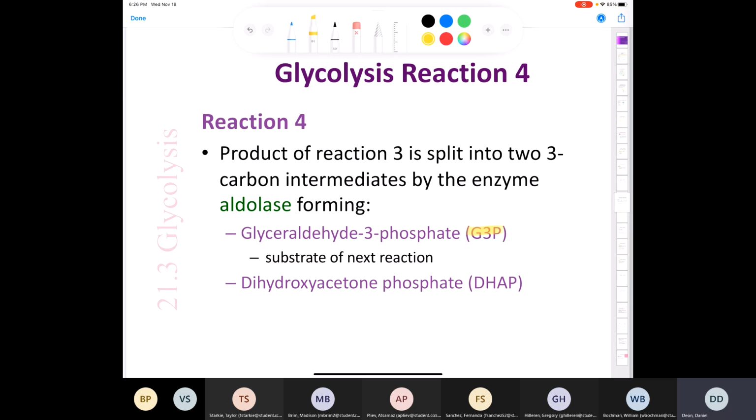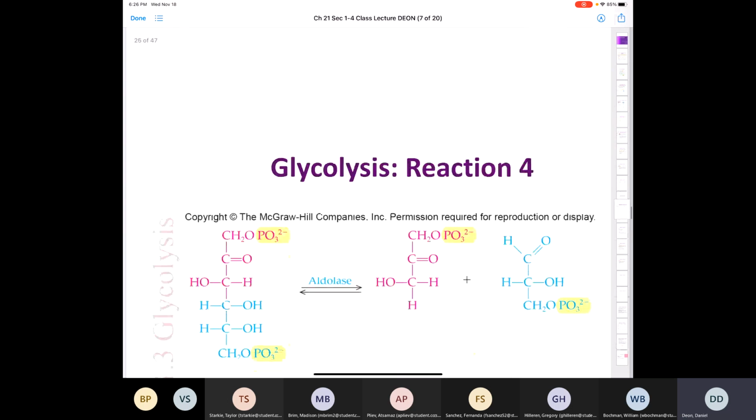We looked at the structure of glyceraldehyde in the carbohydrates chapter. Hey, that G3P or that glyceraldehyde, which is just a phosphate on the 3rd hydroxyl, that happens to be the substrate for the next reaction. But you also end up with another molecule, which is an isomer, and it's called dihydroxyacetone phosphate, or we abbreviate it as DHAP.